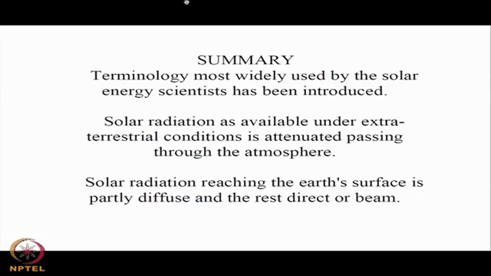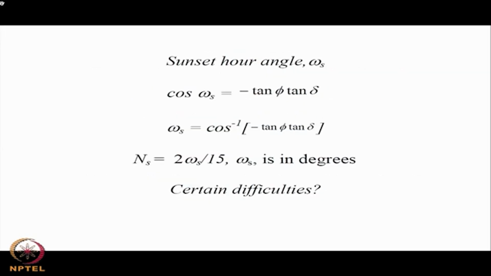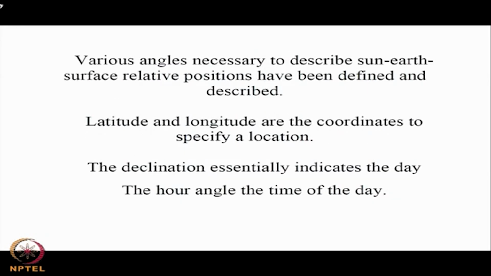So, we summarize here. Terminology most widely used by solar energy scientists has been introduced. Solar radiation as available under extraterrestrial conditions is attenuated passing through the atmosphere. Solar radiation reaching the earth's surface is partly diffuse and the rest is direct or beam, and the various angles necessary to describe sun-earth-surface relative positions have been defined and described.